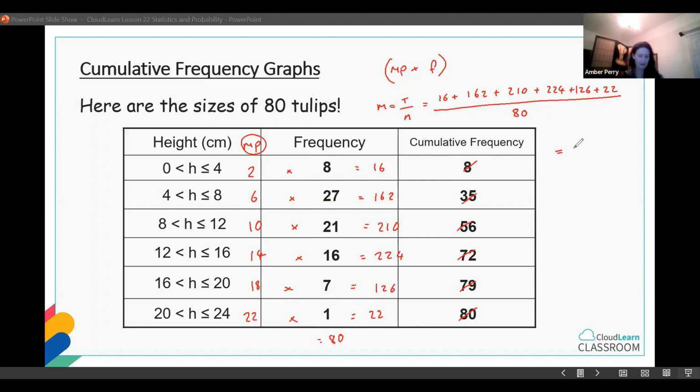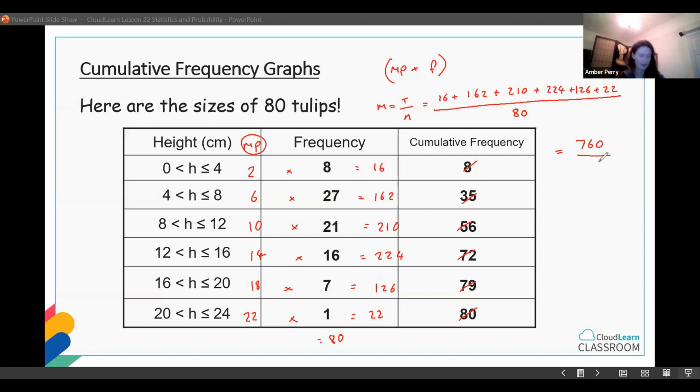And then calculating that, 16 plus 162, 224, 126. Do feel free to check that I'm doing this correctly. I'm getting 760.